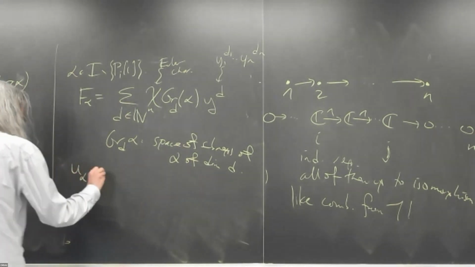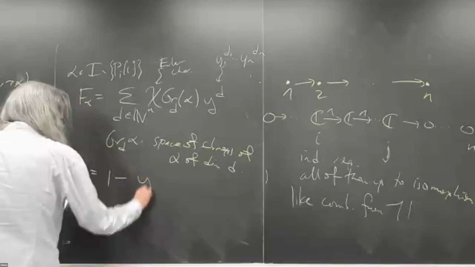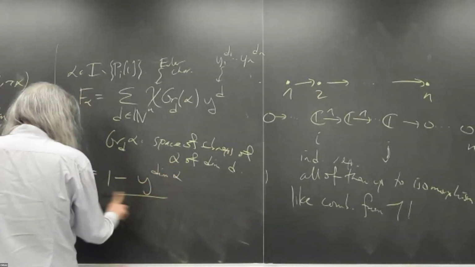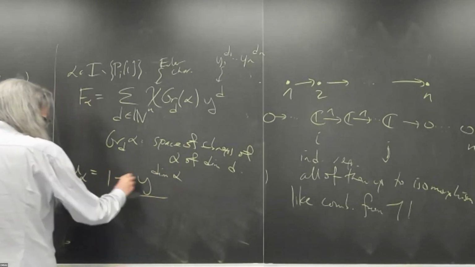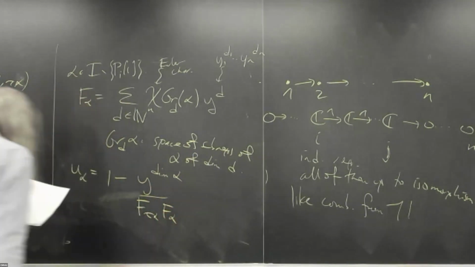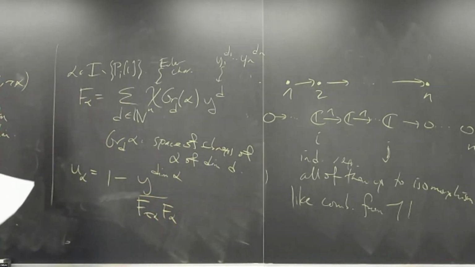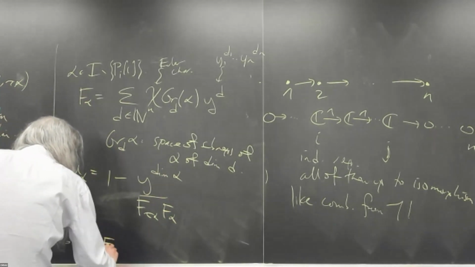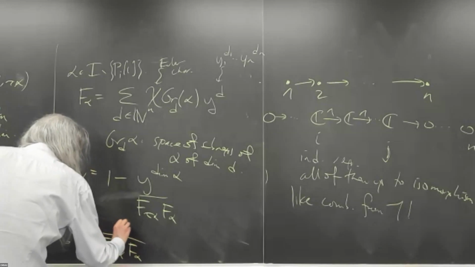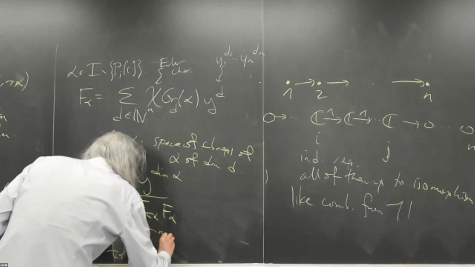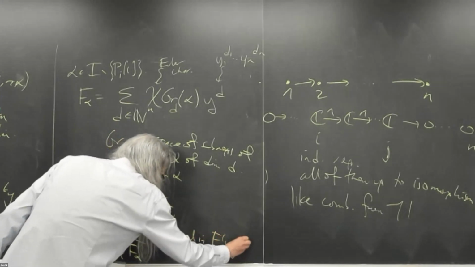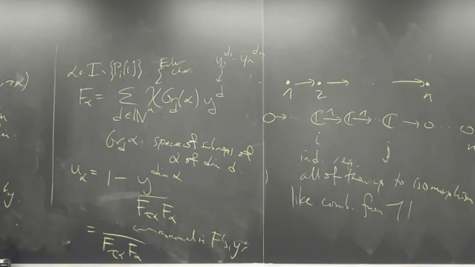U alpha is 1 minus y to the dimension of alpha over F tau alpha. And you can also write this as some ratio of F's if you prefer. Sorry, I'm being a little vague about that, but this is fine.